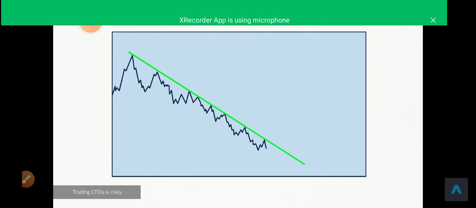And you can see how the line goes through the peaks of the market. And we've got lots and lots here. Once again, you only really need two to construct the line, and then a third to confirm what is going on. But the more you do have, the better, because then the stronger the indication of the trend.